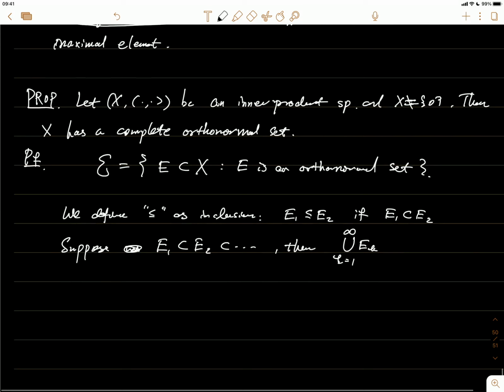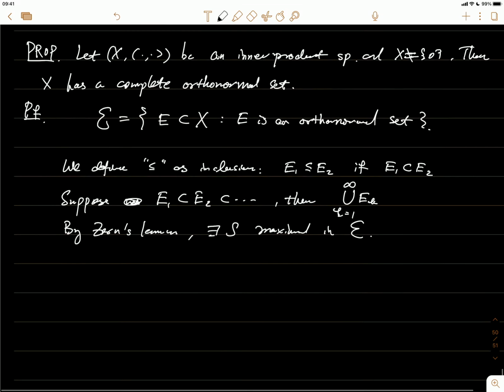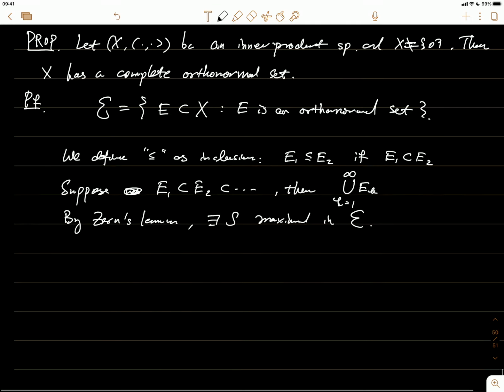So by Zorn's lemma, there exists S, which is maximal in this family E. Okay? And then we can claim that this S must be complete. We first show the existence of such S, which is maximal in E, and we also show that this S is actually complete.